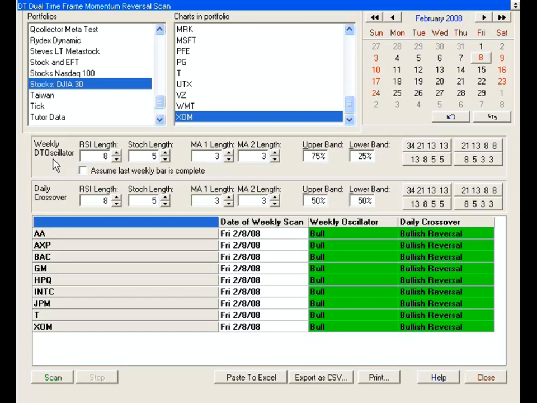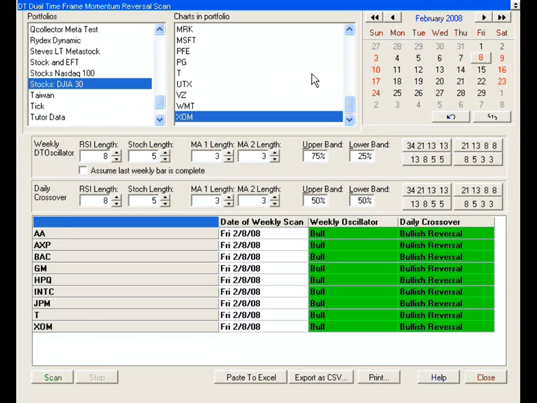It looks for the position of bull overbought, bear, or bear oversold. And then it looks at the daily momentum indicator and only gives an alert if that daily indicator makes a reversal that particular day in the direction of the higher time frame weekly.